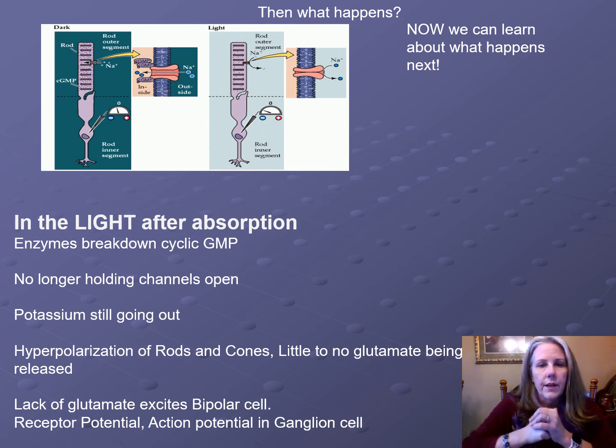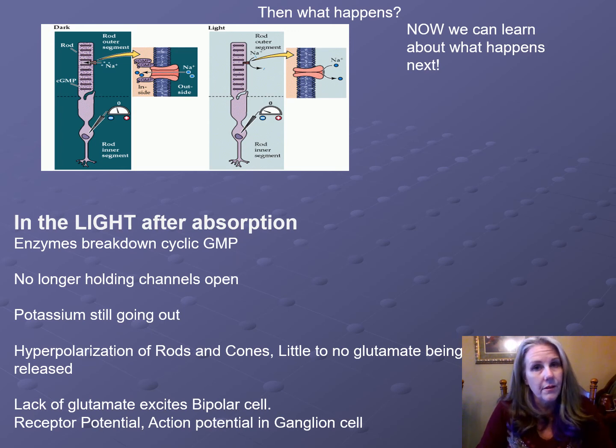Now, the photoreceptor will synapse with the bipolar cell. If the rod or cone is hyperpolarized, it's not going to release a neurotransmitter, glutamate. That makes sense. So the lack of glutamate in that synapse does something though.